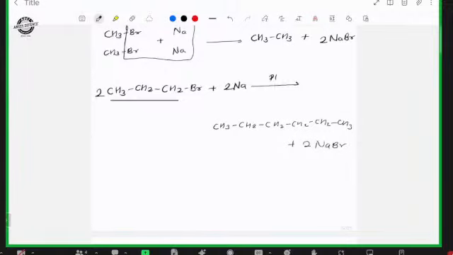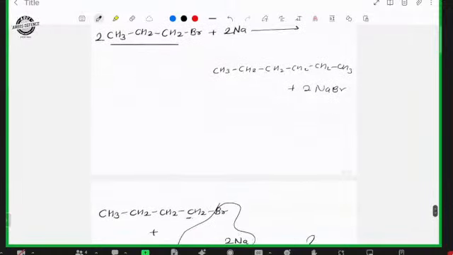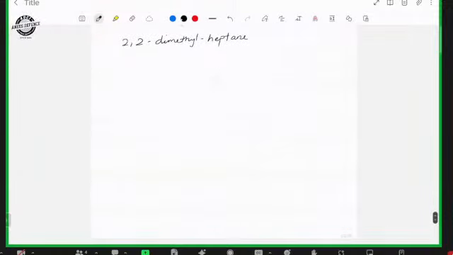We saw Wurtz reaction. The next reaction over here is the second name reaction, that is Wurtz-Fittig.